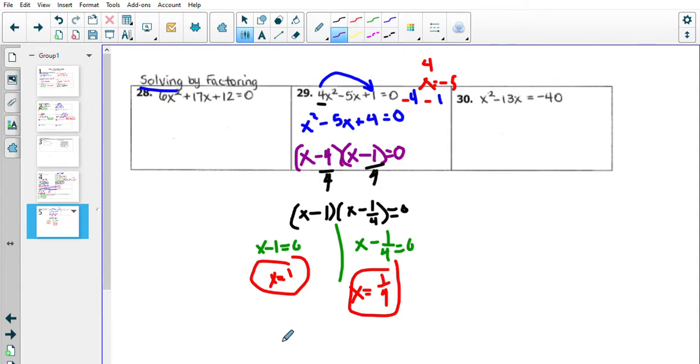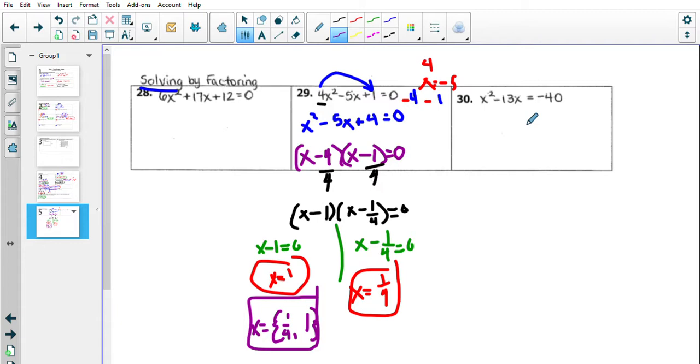And all we need to do is write it in our curly braces. We put the smaller number first, which is the 1/4, and then the 1. Okay? So there's our first one.